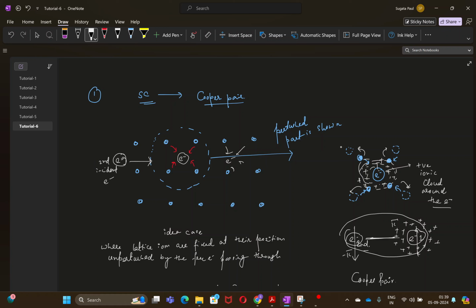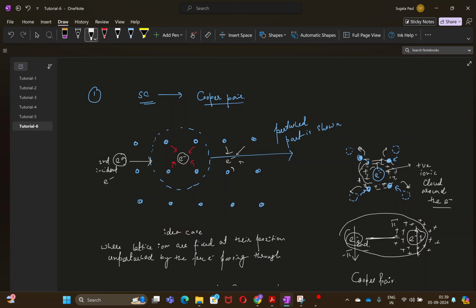Just like we cannot move a heavier object very easily, but we can move a lighter object very easily. By the same idea, if your isotopic mass is very large, then these heavier lattice ions find it very difficult to shift from their equilibrium position to be attracted towards the electron, and then relax back to the equilibrium position when the electron passes. That flexibility is not present as much in the heavier atoms of the lattice.